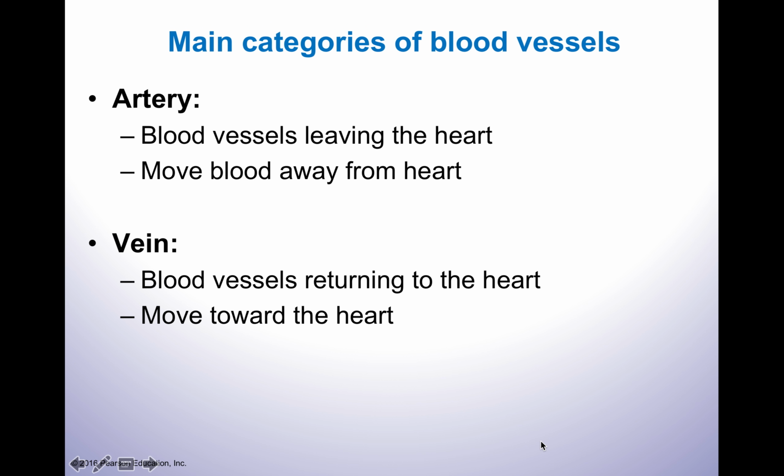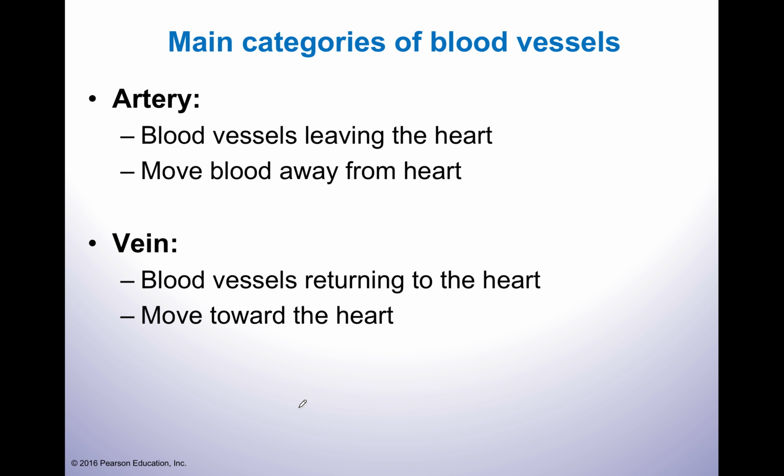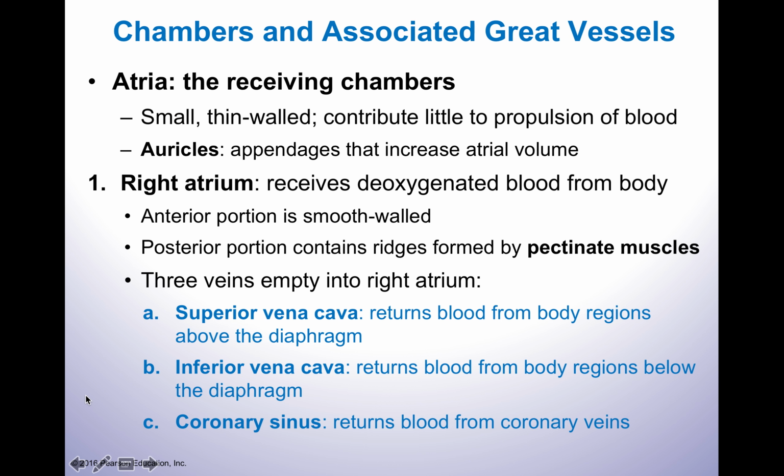So reviewing what we already know about arteries and veins, since we already talked about blood vessels, let's go ahead and take a look at this information about blood vessels. So we have two major categories of blood vessels. We describe one as arteries and describe one as veins.